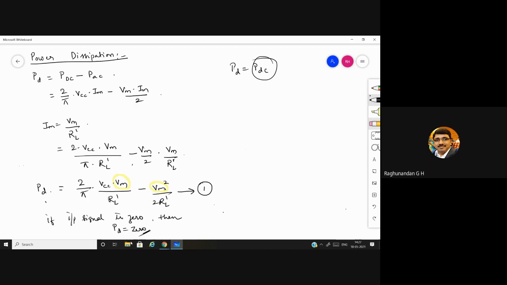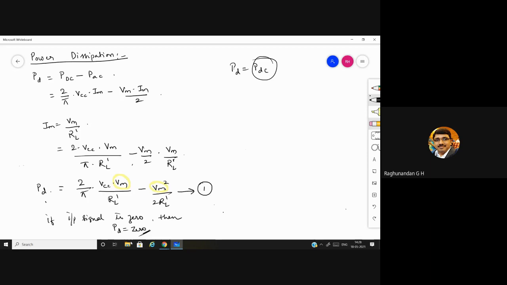Is it, Rohit? Sir, I think it's a disadvantage only because, I mean, sir, I don't think any system is possible where you have the dissipation as 0, because if some work is done, then there will be some dissipation. So I think we are not getting the output only if the power dissipation is 0. So yeah, obviously, when the input signal is not there, we are not getting any output.